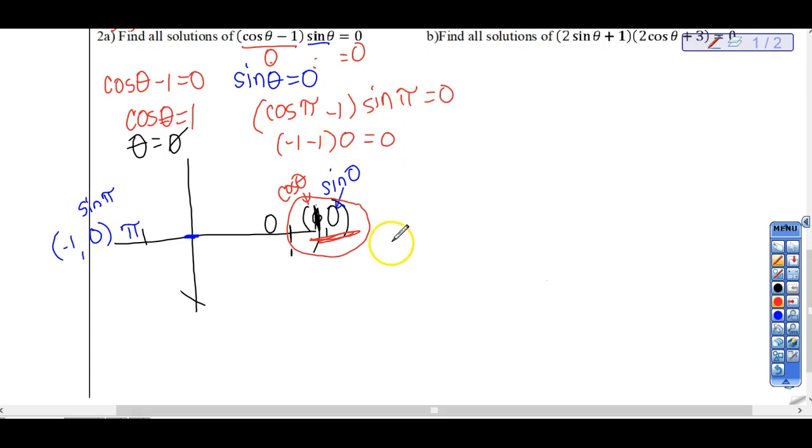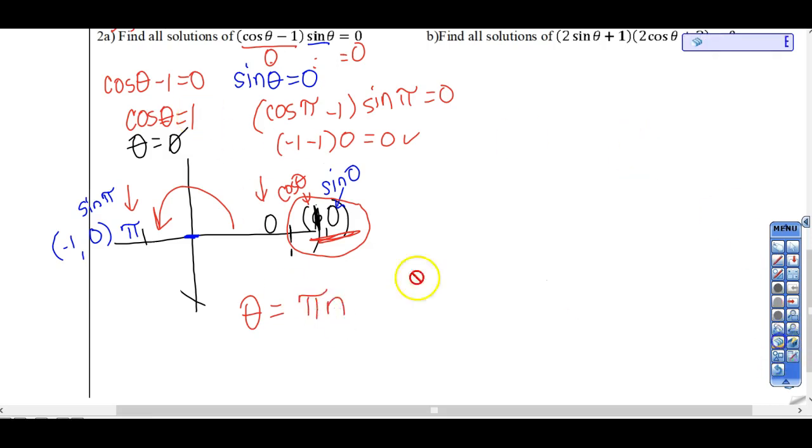Does that equal 0? Yeah, so that's true as well. So basically, what's true for this equation is that theta can equal 0 or it can equal pi. And they are on the same line, right? Diagonal, they're pi apart. So what's my solution? Theta equals pi n.